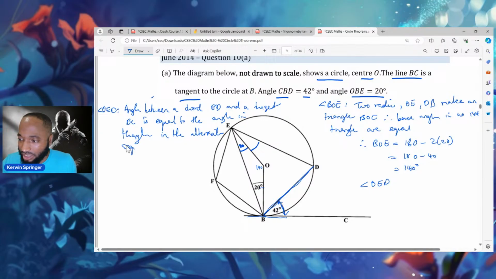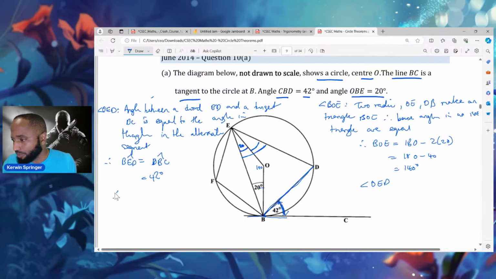This is the last circle term, one of the harder ones to see. So therefore, this whole angle must be 42 as well. Therefore, BED is equal to DBC, so equal to 42 degrees.